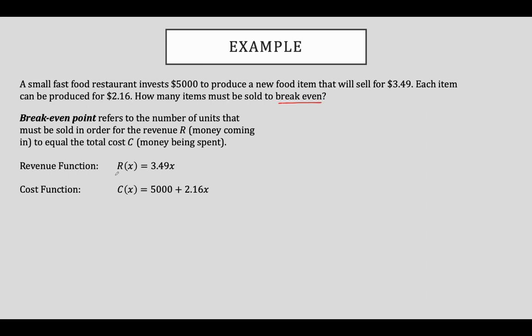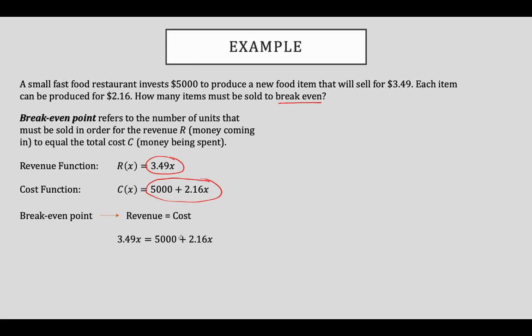All right, now that we have our revenue and our cost function, we need to find our break-even point. And as we said, break-even means where our revenue and cost functions are equal to each other. So what do we have to do? Set our revenue function equal to our cost function: 3.49x is equal to 5,000 plus 2.16x.